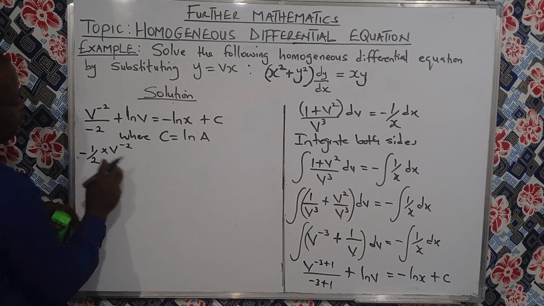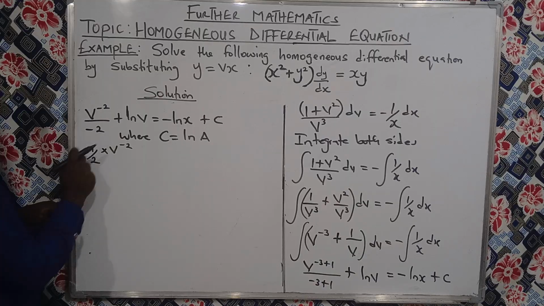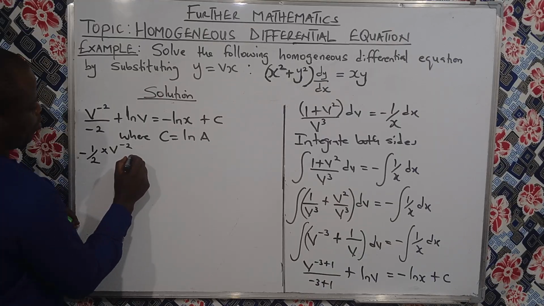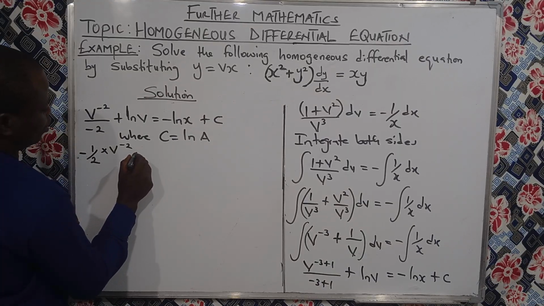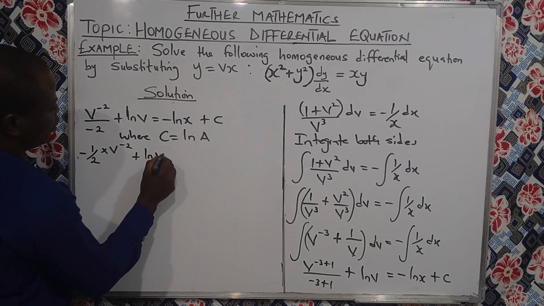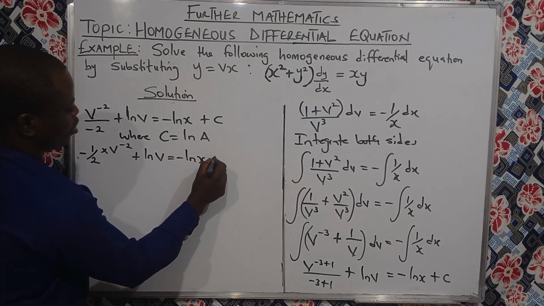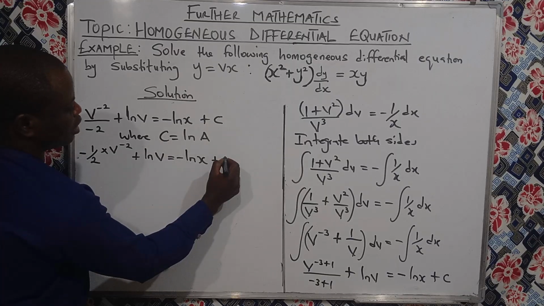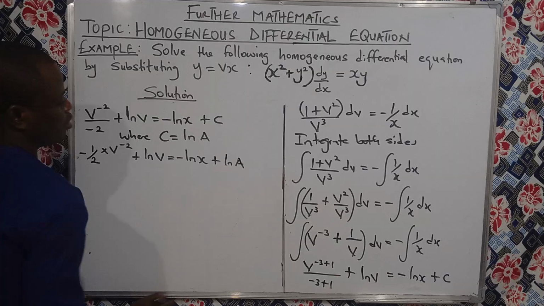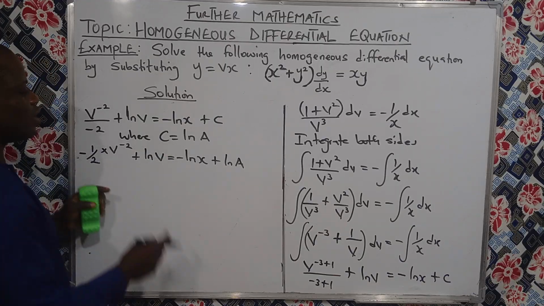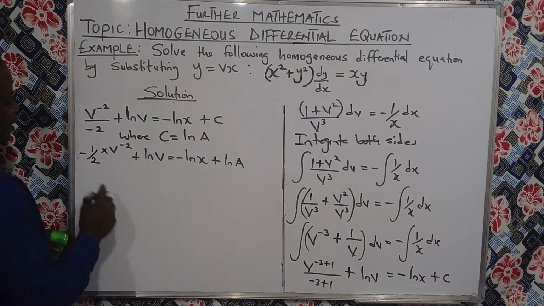I'm trying to separate them. We're having 1 over minus 1 over 2 here, plus ln v equals minus ln x plus, instead of writing c, put ln a. Okay, we just assume c to be ln a so that everything will be in terms of ln.